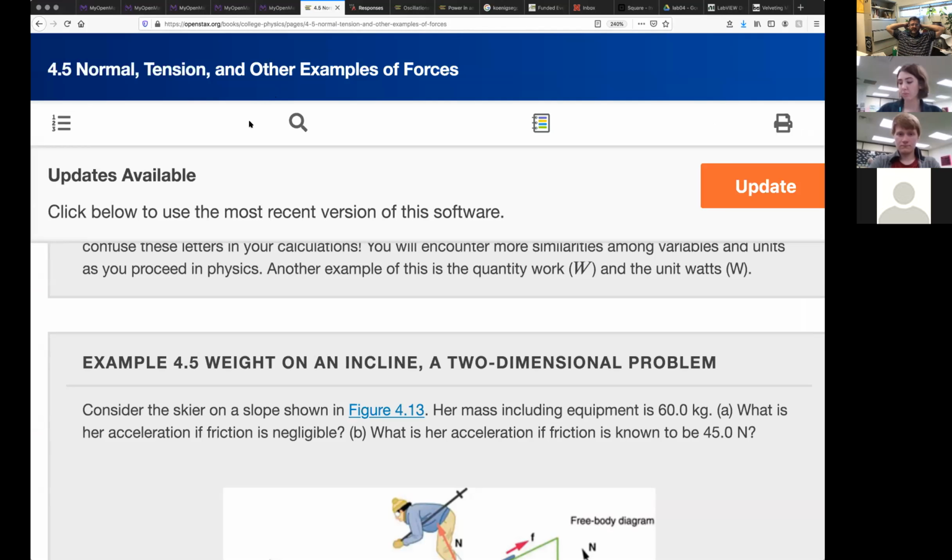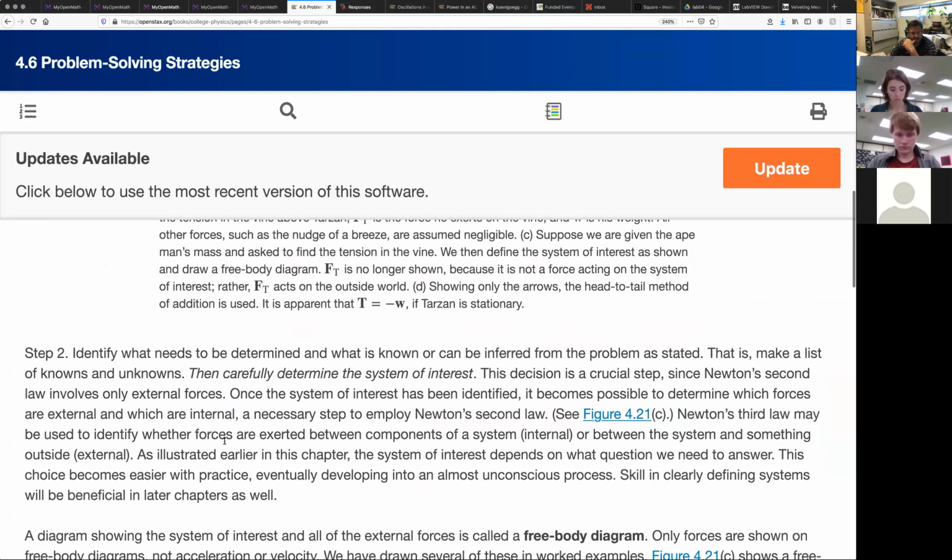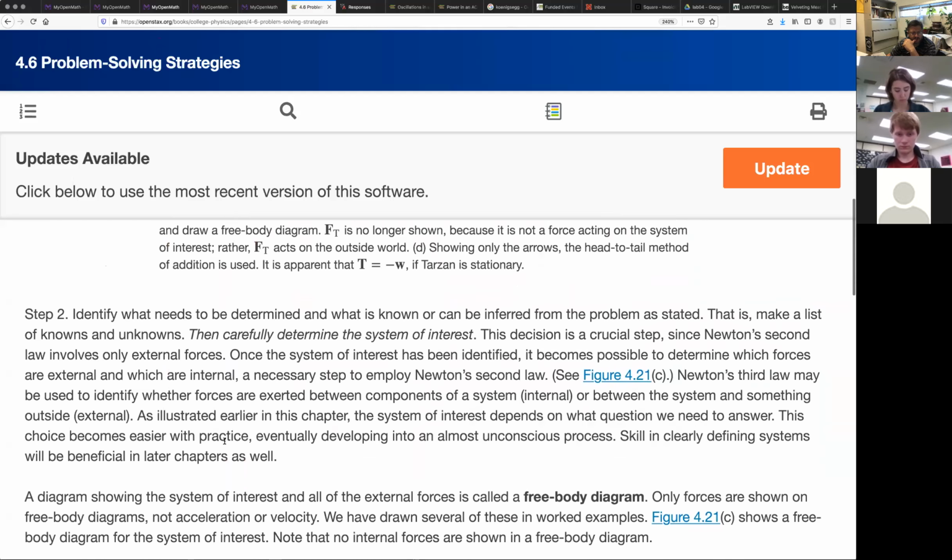You'll see here that they've got a 4-step process, and it starts with drawing a picture. In step 1, they say identify physical principles involved and draw a careful sketch of the situation.